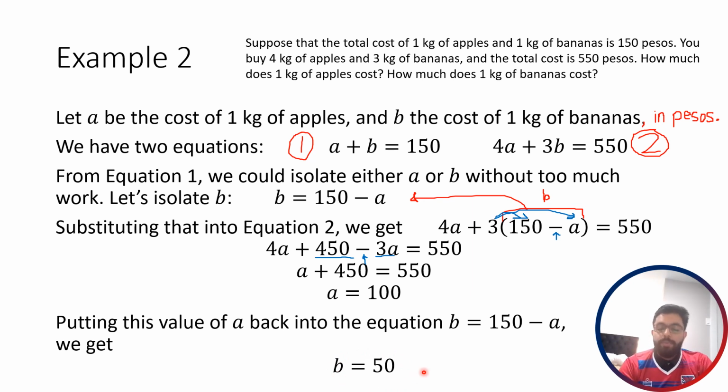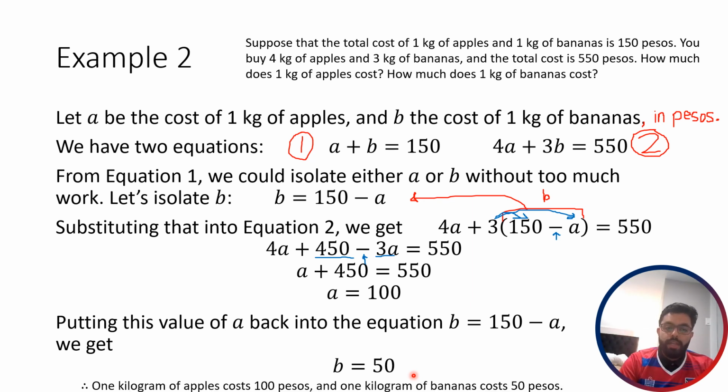And so now we know that the cost of 1 kilogram of apples is 100 pesos. The cost of 1 kilogram of bananas is 50 pesos. Because this is a word problem, we should finish off with a therefore statement that writes out in words what the answer to the question is, because the question was posed to us in words, so we should answer in words. So we say 1 kilogram of apples costs 100 pesos and 1 kilogram of bananas costs 50 pesos.